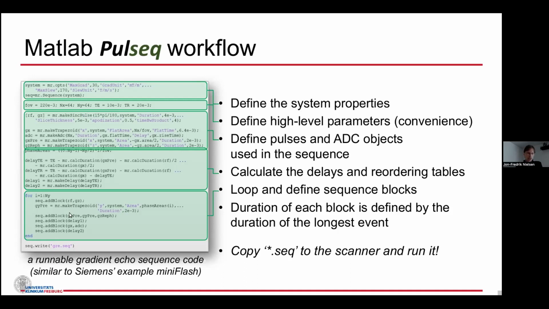I think this is the entire code to generate a 2D gradient echo sequence. The idea is to specify the system limits. There's a built-in function for creating an RF excitation pulse. You do some sequence timing calculations. Then you have a loop where you call this add block command, which adds another block to the sequence. So this block concept allows for very compact code for creating those sequences.